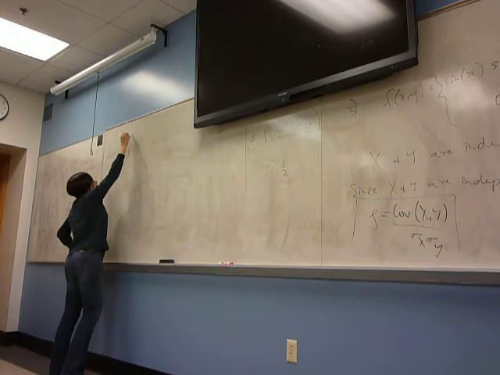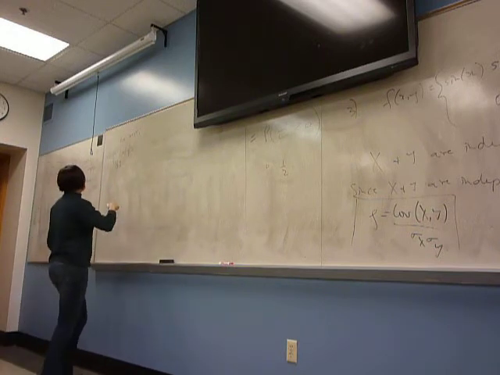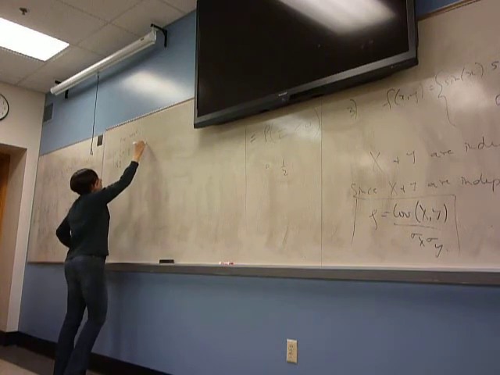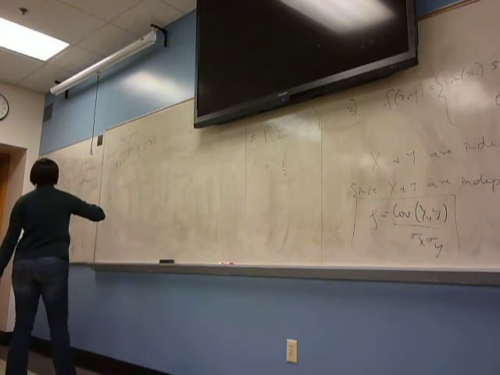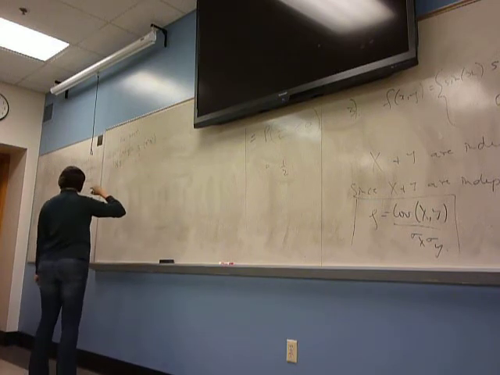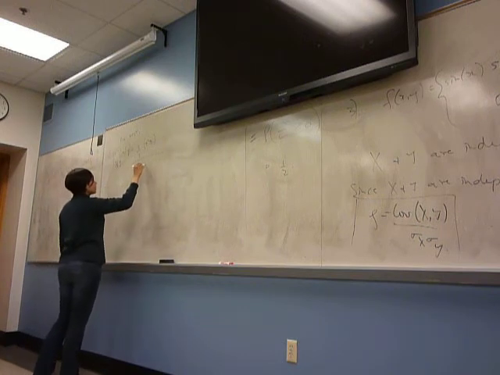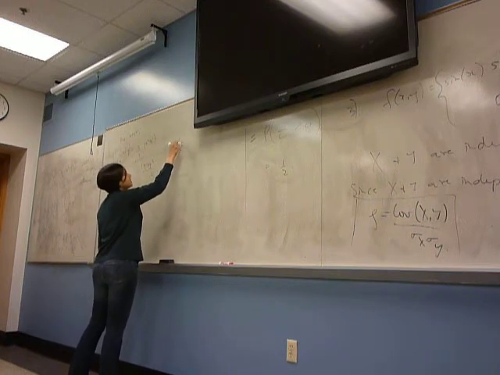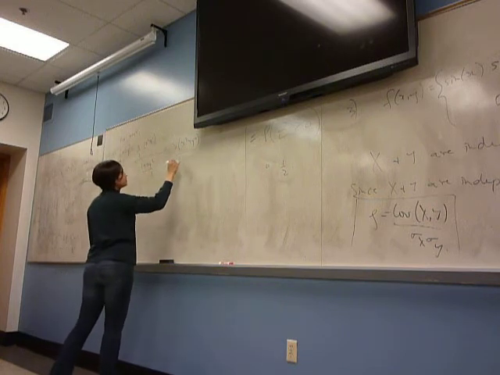You can talk about joint density when y is between 0 and 1. Let's write that down: 3 over 2, x squared plus y squared, over 1 plus 3y squared over 2. So that cancels out to 3 times x squared plus y squared, over 1 plus 3y squared.